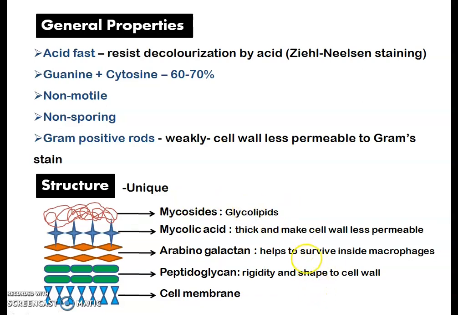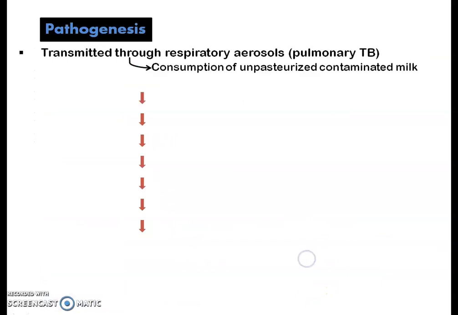Then coming to the next, the pathogenesis. The bacteria are transmitted through respiratory aerosols. Mycobacterium tuberculosis causes tuberculosis, and tuberculosis is mainly of two types: pulmonary TB and extrapulmonary TB.